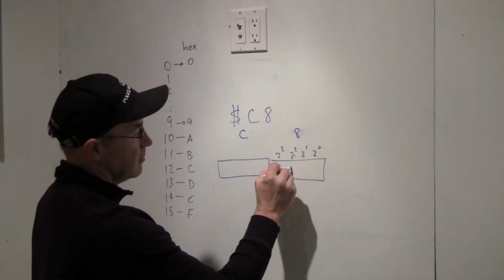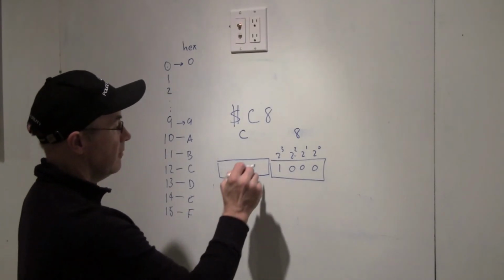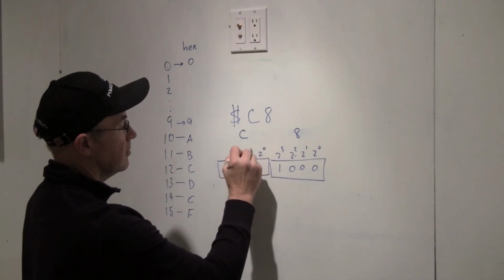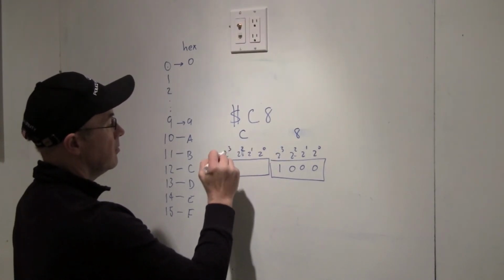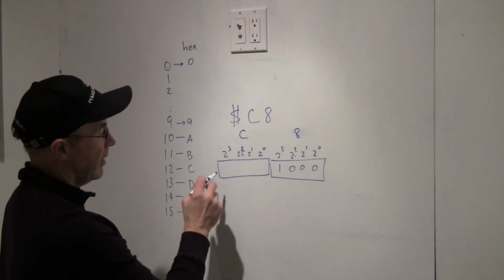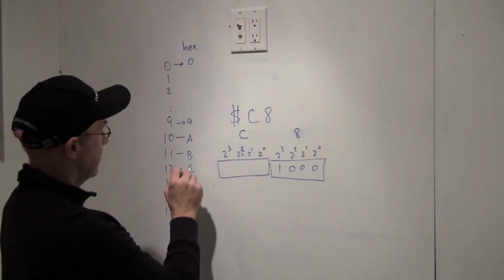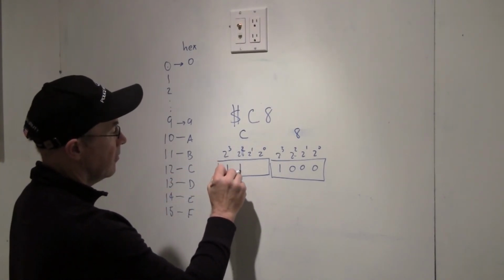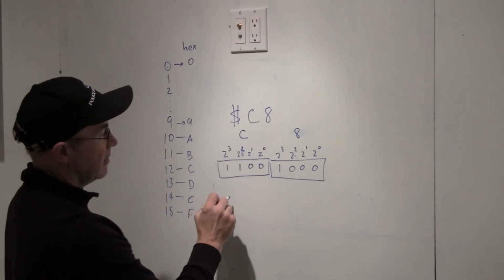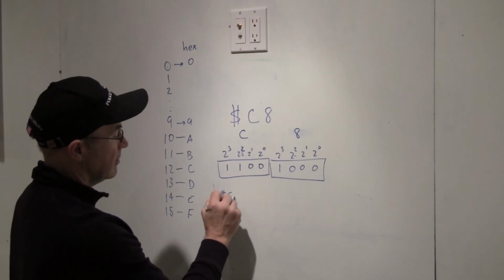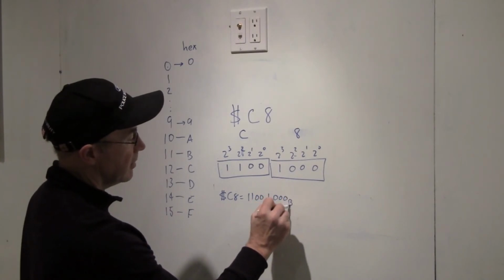Well, 2 cubed is 8, so it would just be 1, 0, 0, 0. A C is a 12, so same thing. How do I get 12 out of an 8, 4, a 2, and a 1? Well, 8 and 4 is 12, so I can go 8, 4, don't need any 2s, don't need any 1s. So C8 in hex equals 11001000 in binary.